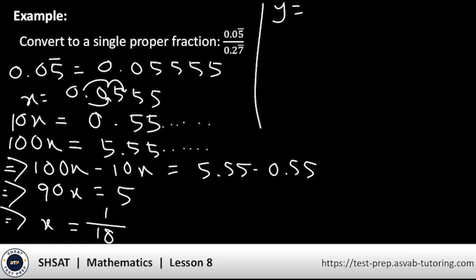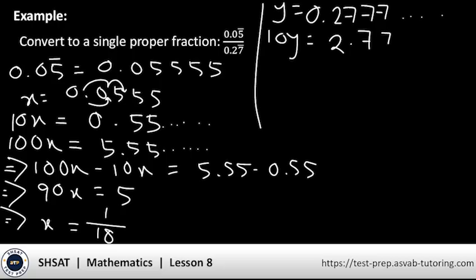So y equals 0.2777. The numbers will now continue, right? So once again, just like I did for x, I'm first of all going to do 10y, which is going to put the decimal 1 unit to the right. So that's 2.777. And now I'm going to do 100y, which once again turns it to 27.777, right?